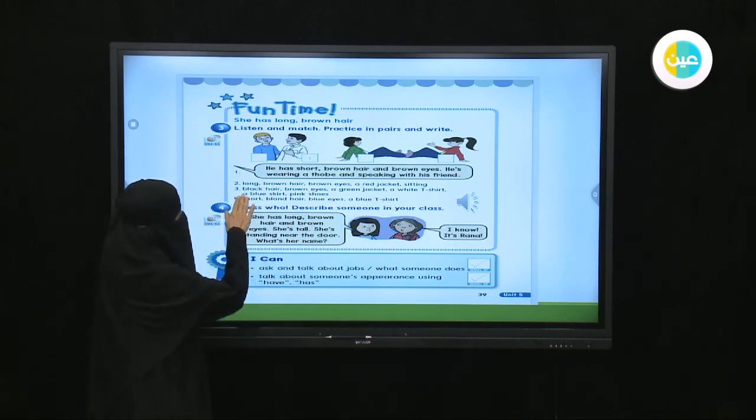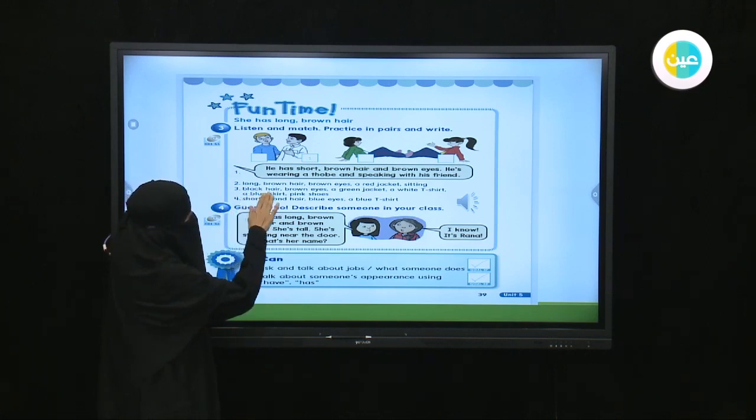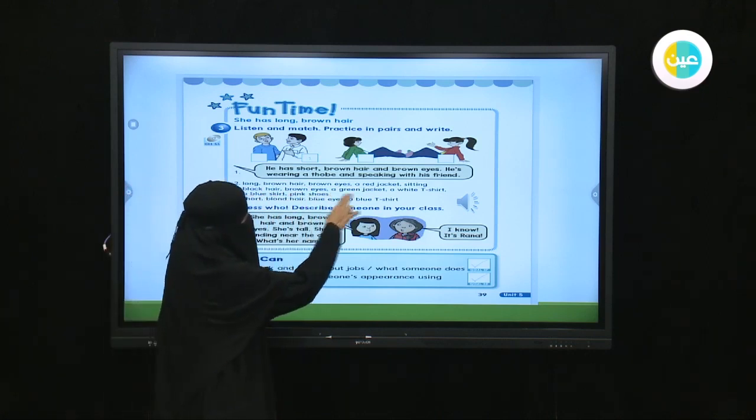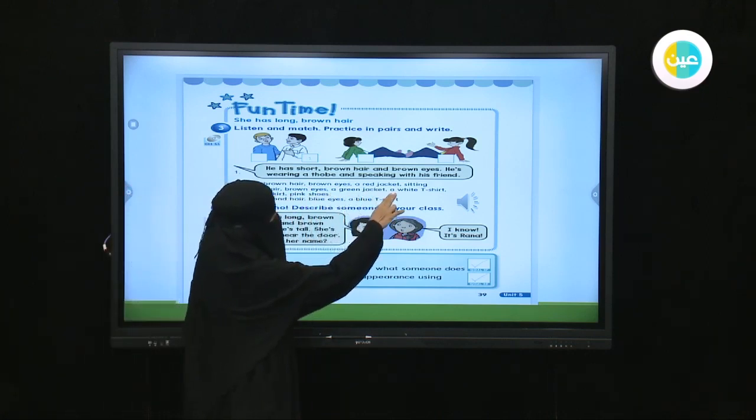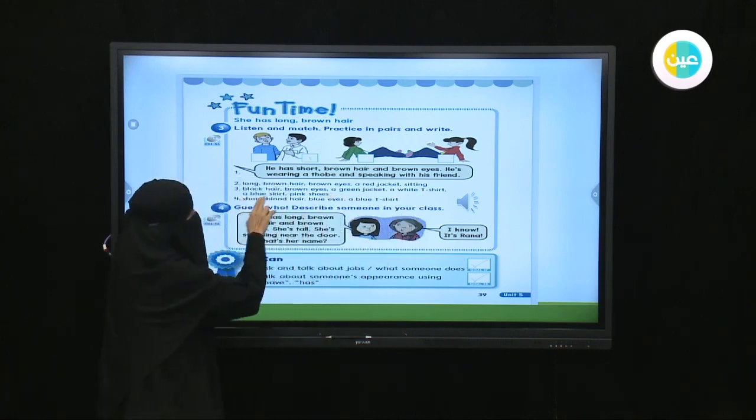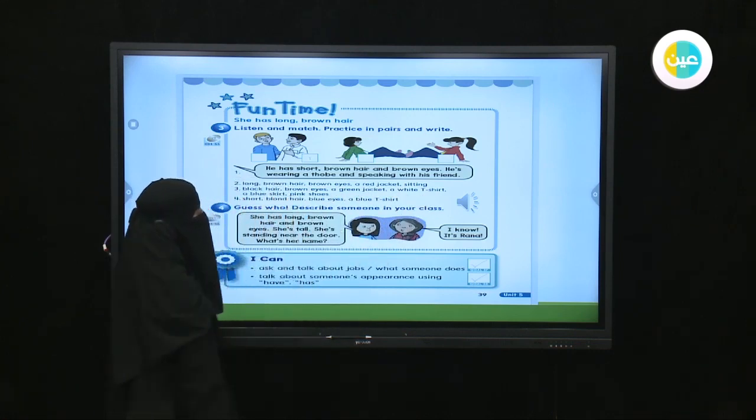Number 3. She has black hair and brown eyes. She's wearing a green jacket, a white t-shirt, a blue skirt, and pink shoes. Number 4. He has short blonde hair and blue eyes. He's wearing a blue t-shirt.